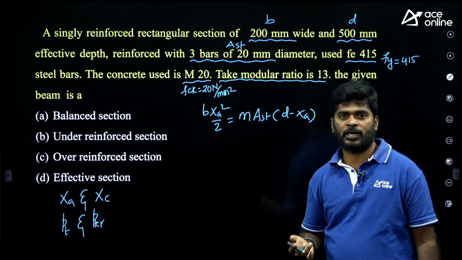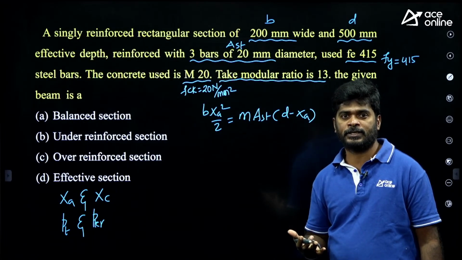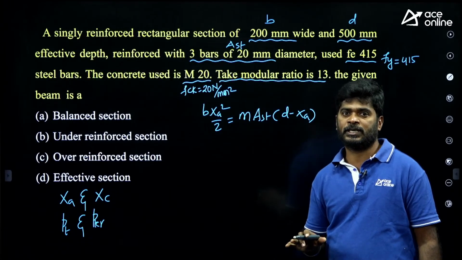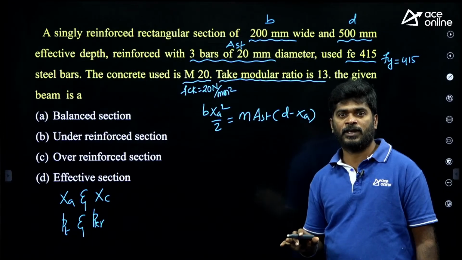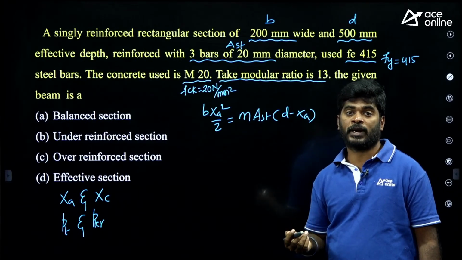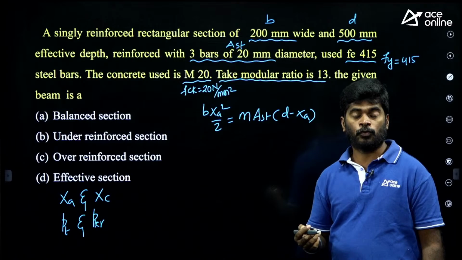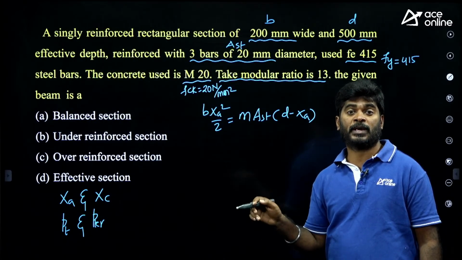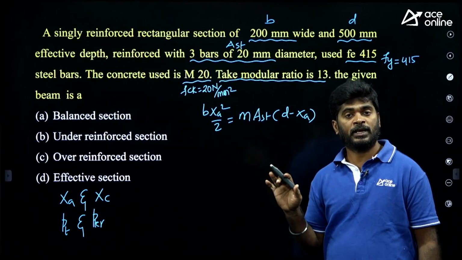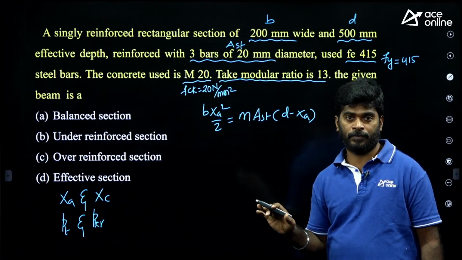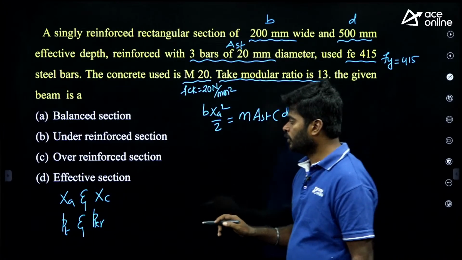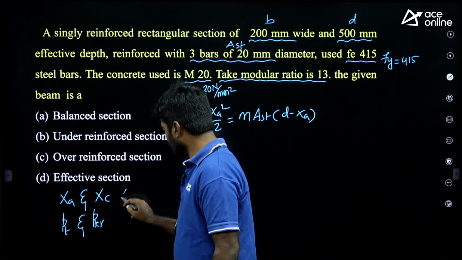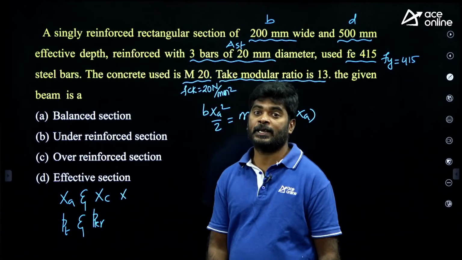To solve the quadratic equation, if a scientific calculator is available, then it is easy. Within less time we can finish it. Otherwise, we have to write the formula to find the roots, minus B plus or minus root over B square minus 4AC upon 2A. My dear, it is taking too much time. So, I don't recommend this way to decide the answer.